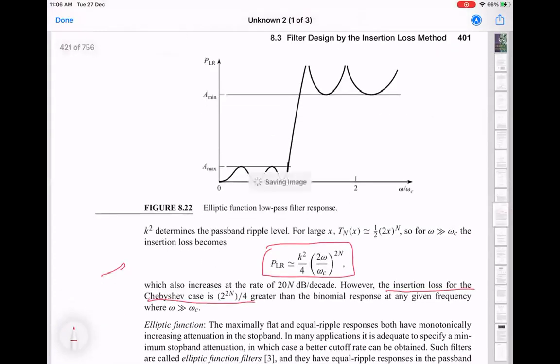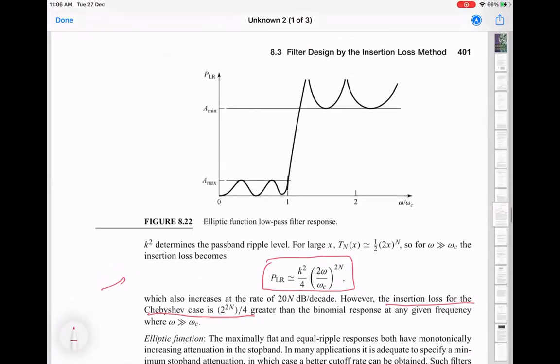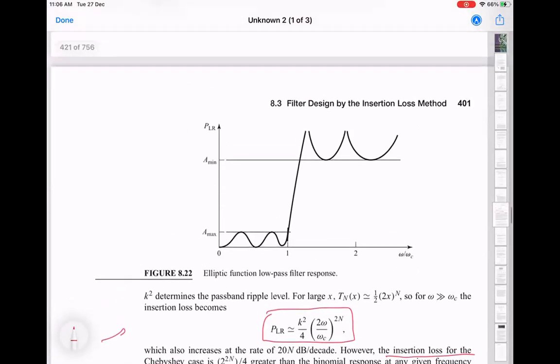So here is another one which is called the elliptic function, where you have ripples both in the pass band and in the reject band. Here the constraint is that you guarantee that there will be at least this much of insertion loss.